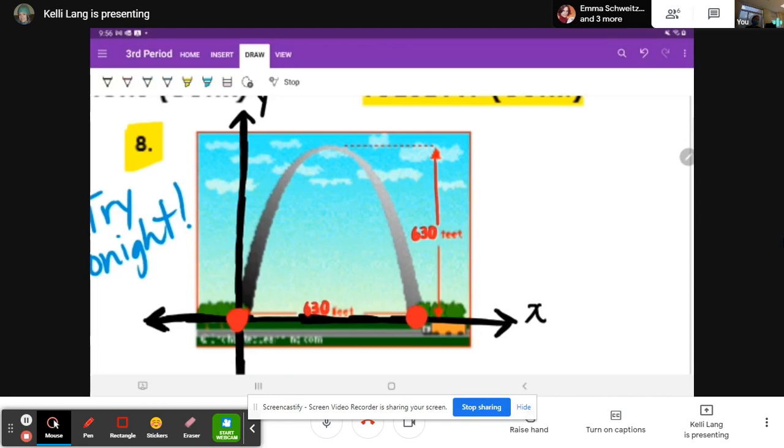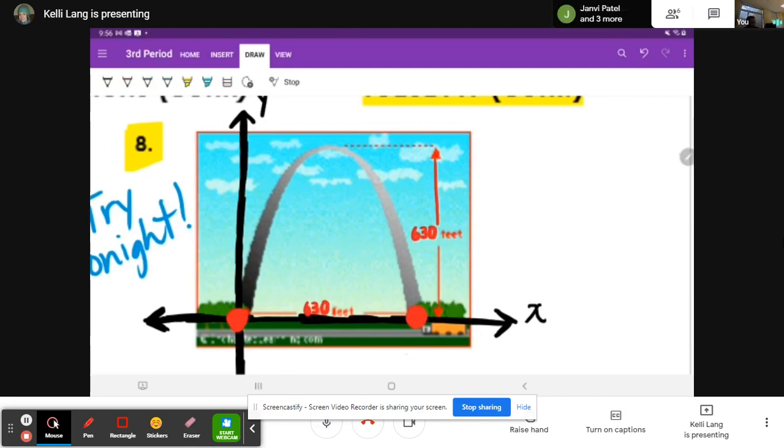So some people just invented a unit system and said, okay, I'm going to call this x is 1, x is 2, x is 3, x is 4, and then just sort of estimated it based on their own unit system that they invented. But we don't have to invent a unit system. There's one in the picture. Does anybody see what I'm talking about? How wide is our parabola? 630 feet.